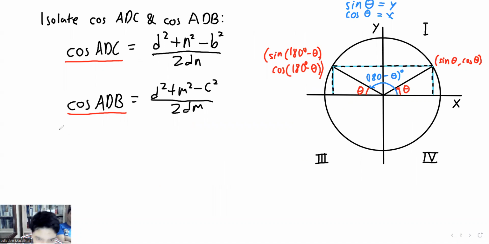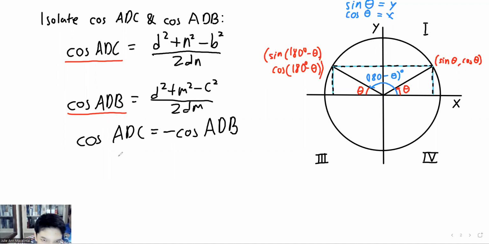Okay, so we can now establish a relationship. So b squared plus a squared minus b squared over 2d.